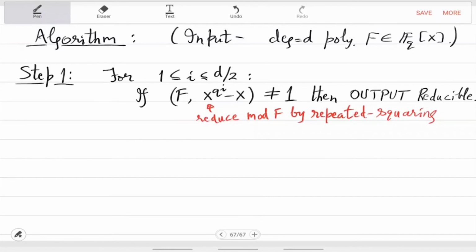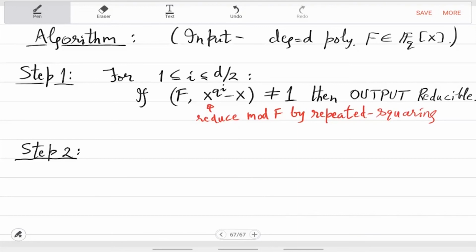Okay. And what do you do in the next step? Well, not much. If the program has not halted yet, then it went from I equal to 1 to I equal to d by 2, and always the GCD was 1.